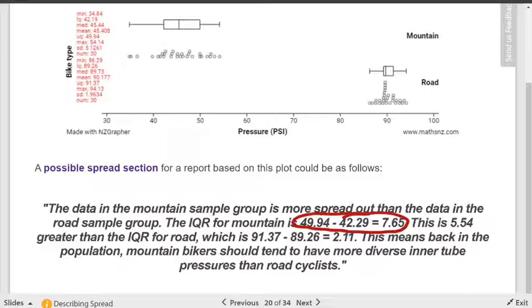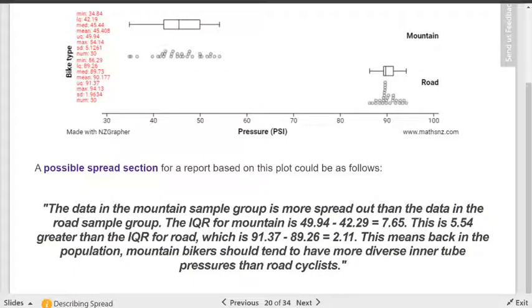All right? So you need to show the math. And then this is whatever for the mountain bike. Okay? So the two calculations of interquartile range for each data set, and that it's this much bigger. That is identical to what we did on the other one, right? Except we're using different numbers because the math is a little bit different.